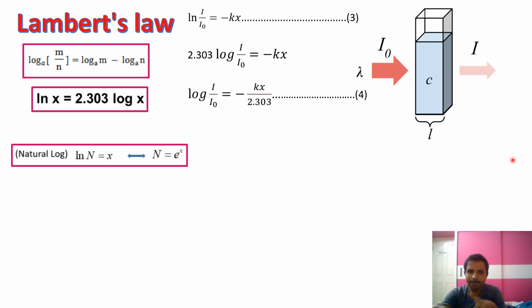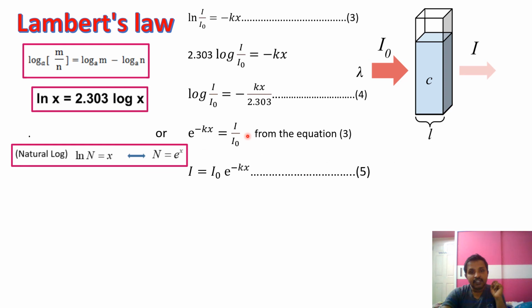Now, by using the relationship between natural logarithms and exponential form, that is, ln n equal to x represents n equal to e to the power of x, for equation number 3 we get e to the power of -kx equal to I by I naught.